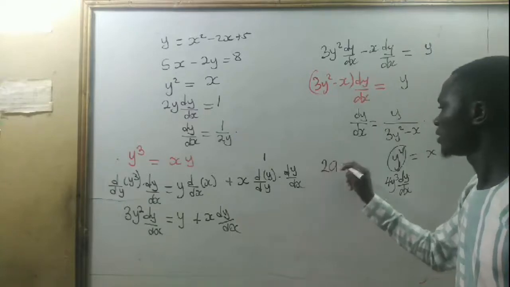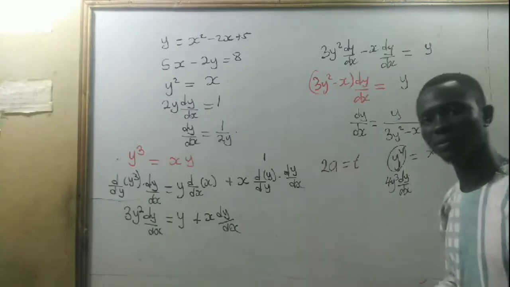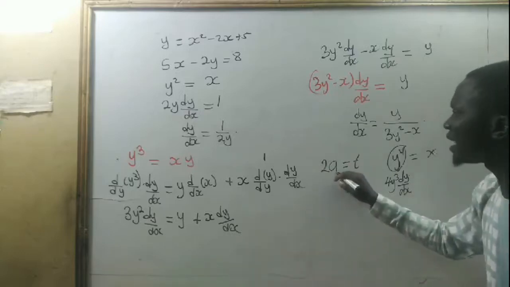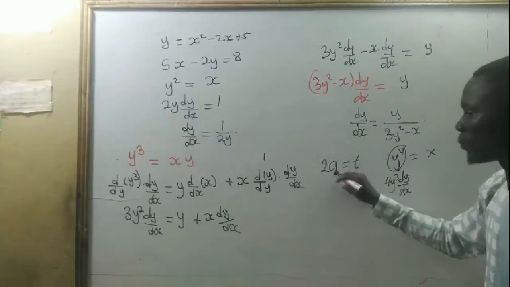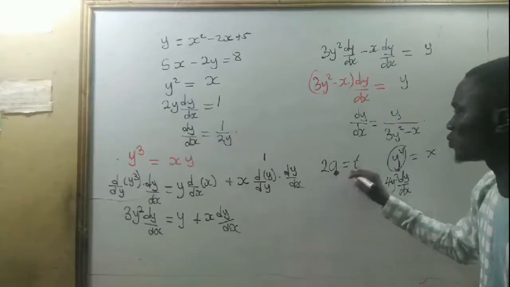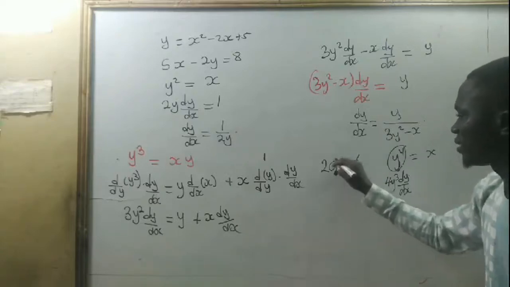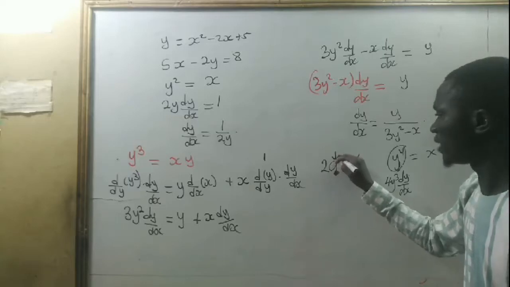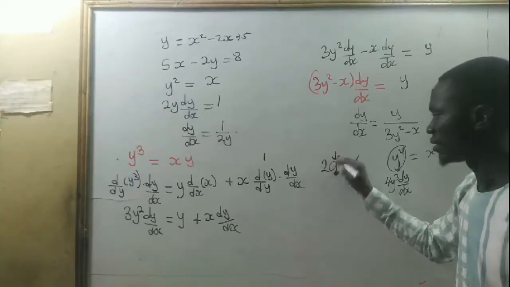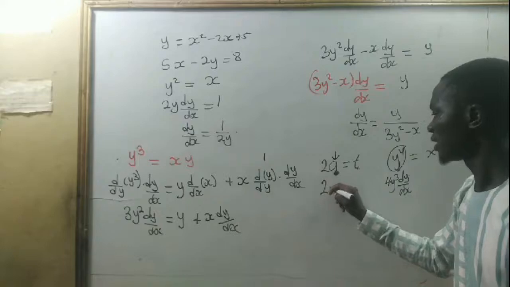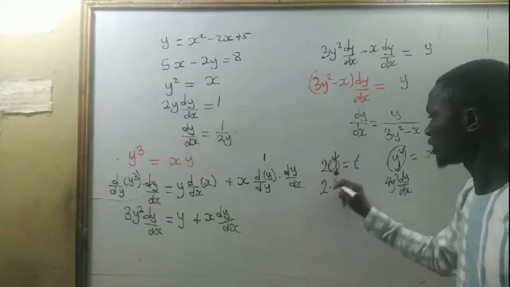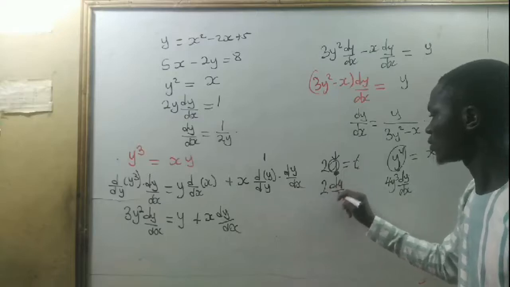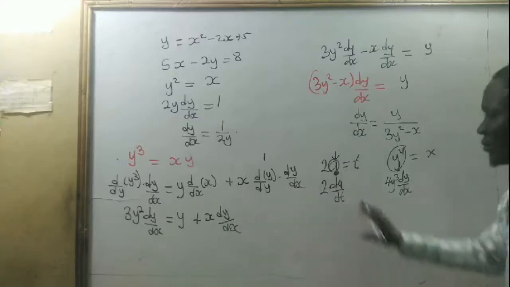So for instance, if we have, let's say, 2a is equal to t, and I'm going to differentiate a implicitly with respect to t, then I'll differentiate 2a with respect to a. So I'm going to get 2 times, I have to differentiate a with respect to t, so times da/dt.